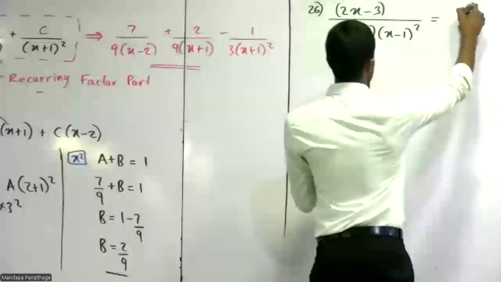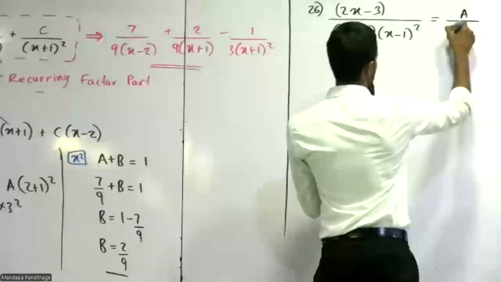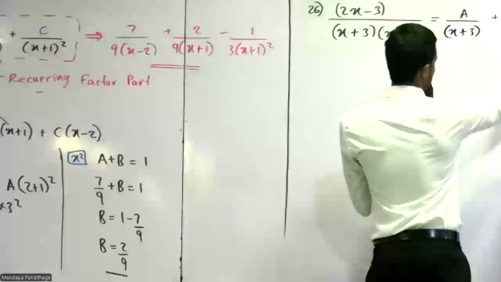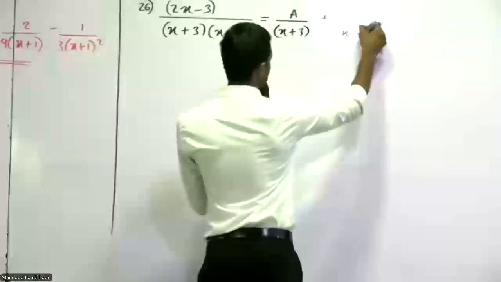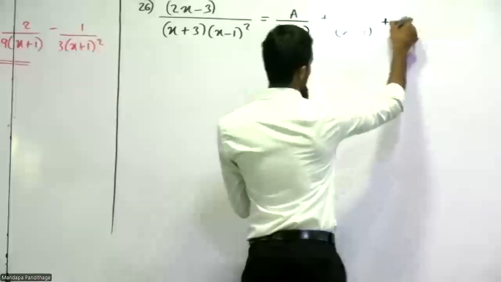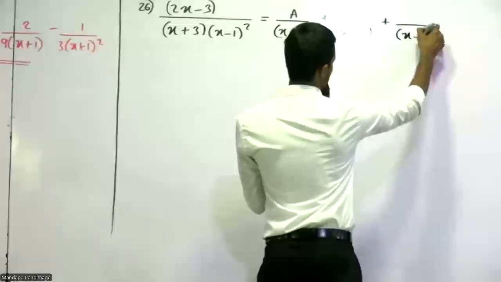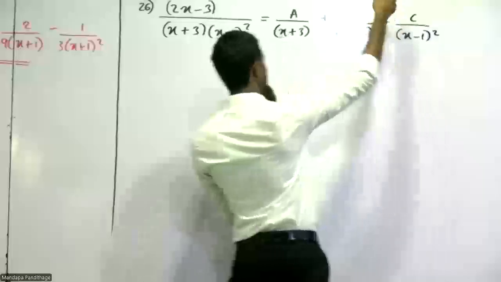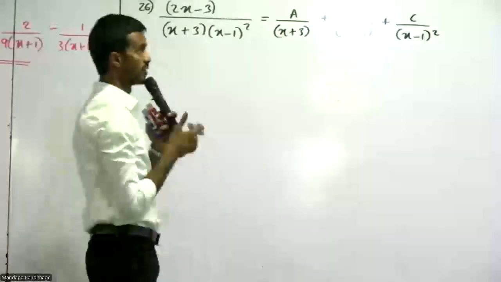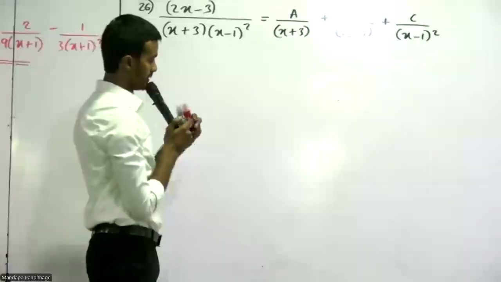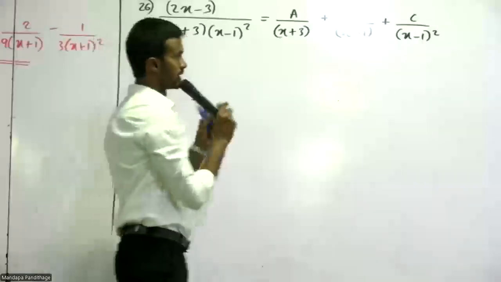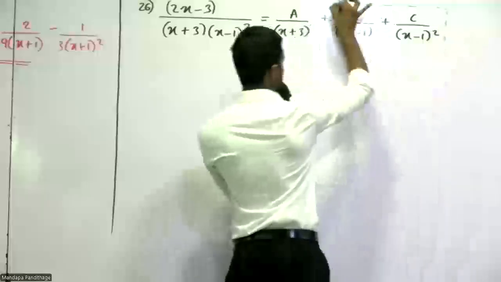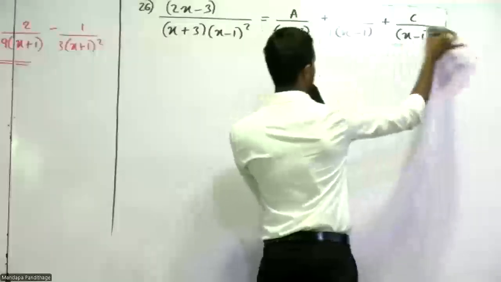So it's A over x plus 3, and here we have to write x minus 1 and x minus 1 squared both. So here it's B, and see, I told you whatever the degree of the denominator of that recurring factor part, you have to put a constant to the numerator.